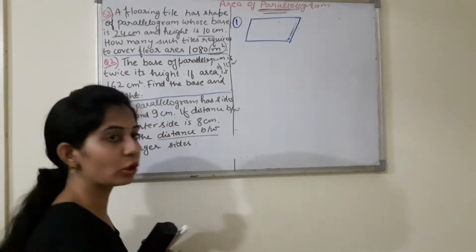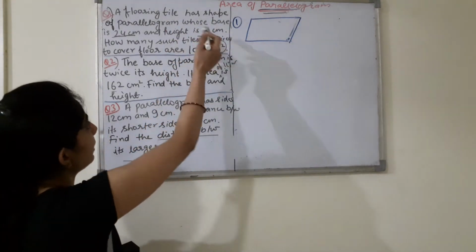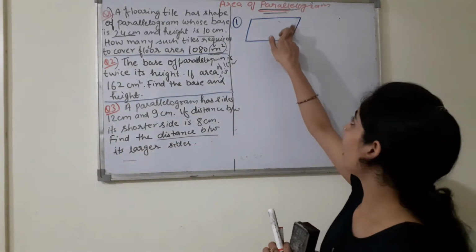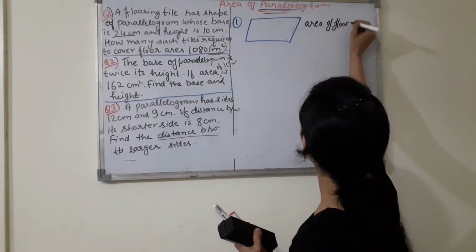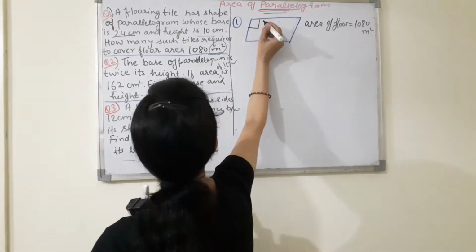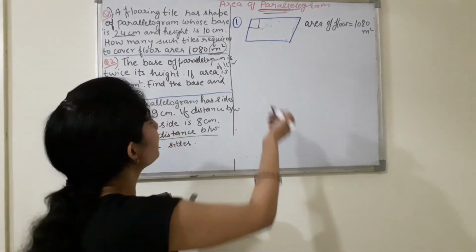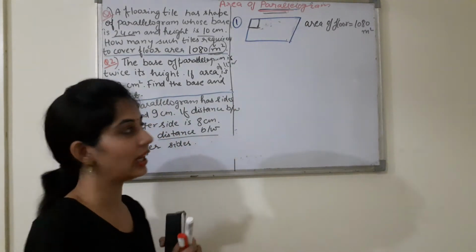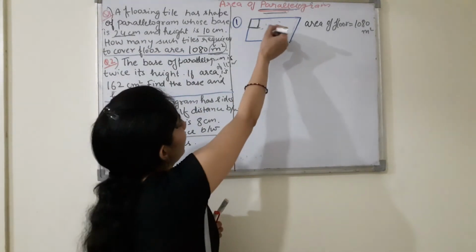And its area is given, okay? The flooring tile has the shape of a parallelogram whose base is 24 and height is 10 centimeter. You need to find the number of tiles required to cover the area of the floor. The area of this floor given is 1080 meter square, right? Now in this floor you have to lay tiles. How many tiles are needed, that you will find, okay? But the tiles are of the shape of a parallelogram and their dimensions are given. The dimensions are base is 24 centimeter and height is 10 centimeter, okay? So you have to tell how many tiles are needed.